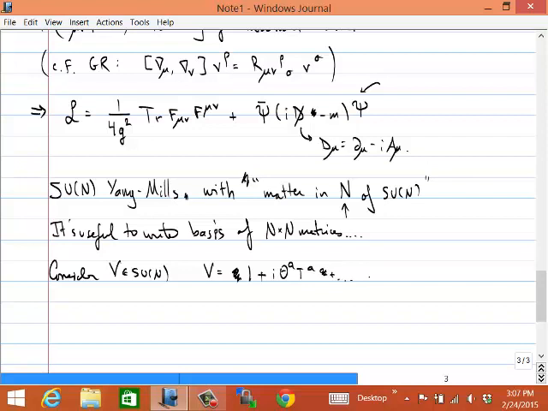And if you like, you could think of this as the first term in the expansion of V as e to the i T^a theta^a, where the T^a are some N by N matrices that are Hermitian because V is unitary, and they're referred to as the generators of the Lie algebra su(N).